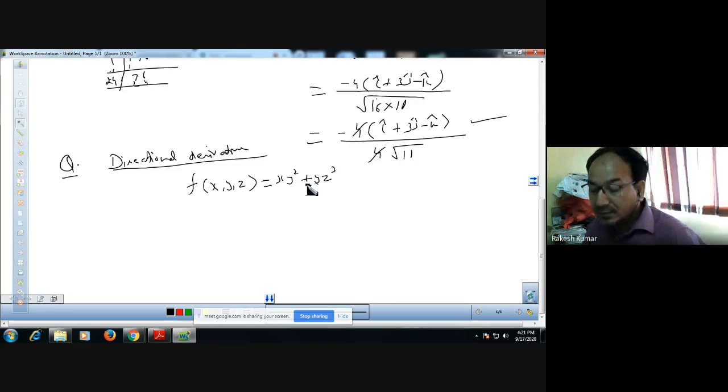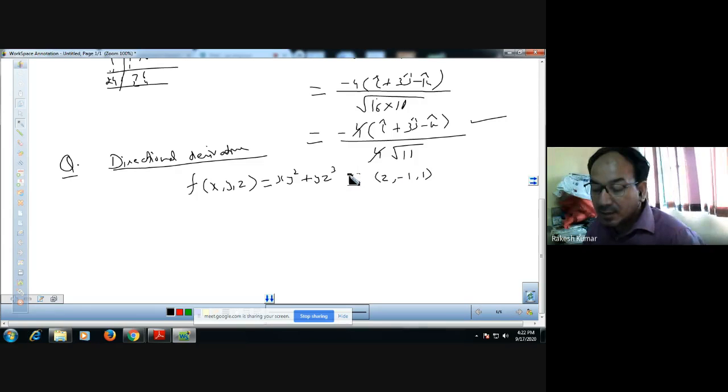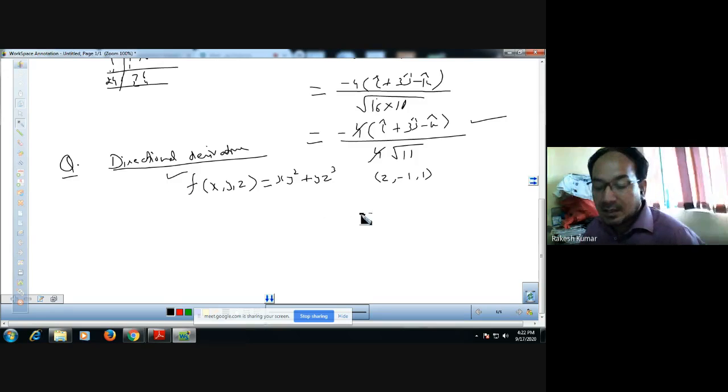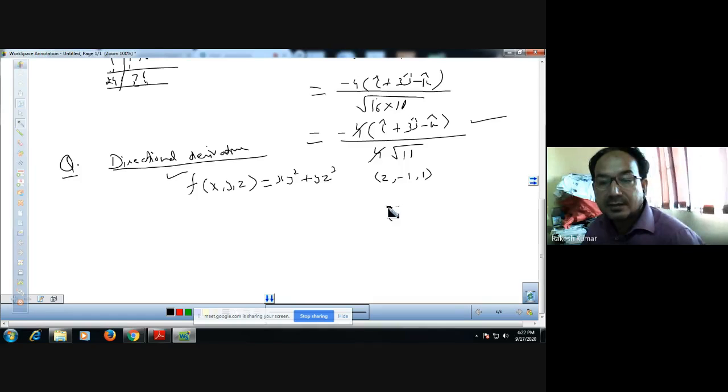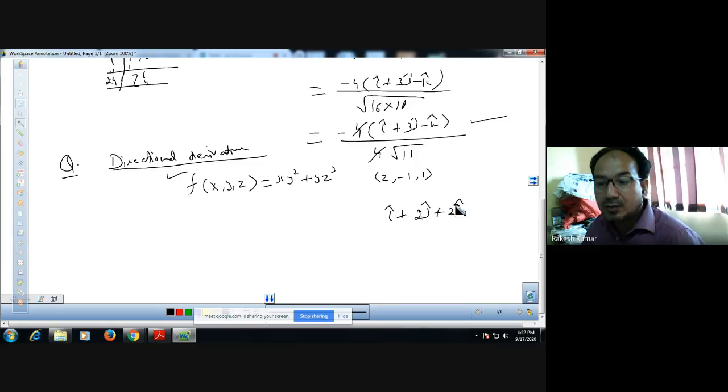At the point (2, -1, 1), we want to find the directional derivative of this surface in the direction of this vector. The vector is i cap plus 2 j cap plus 2 k cap.